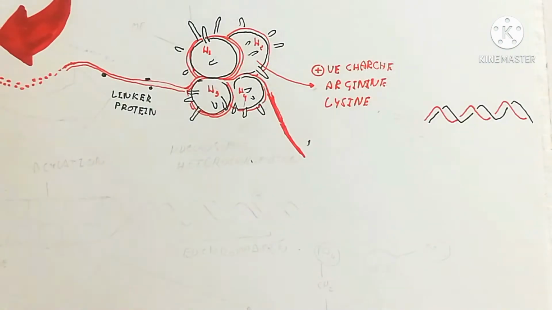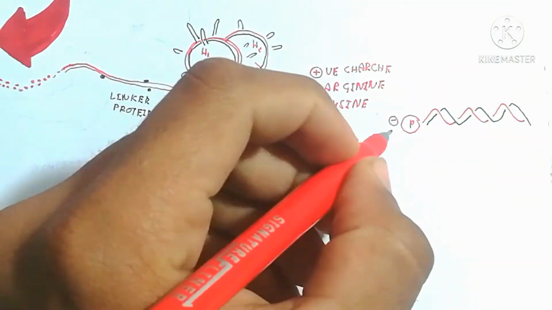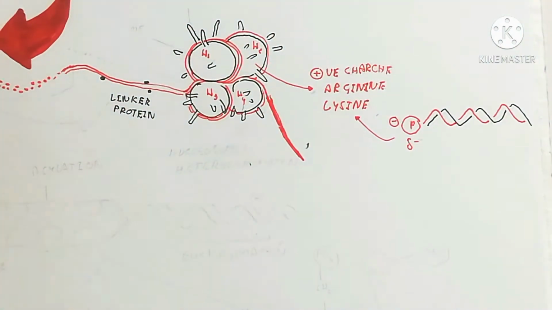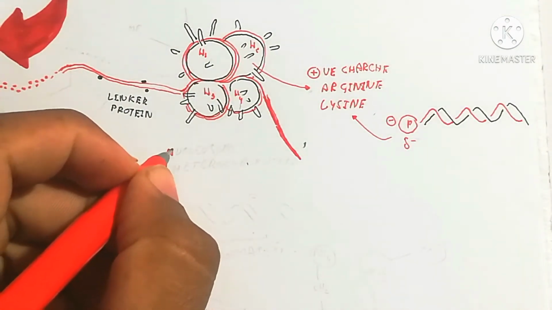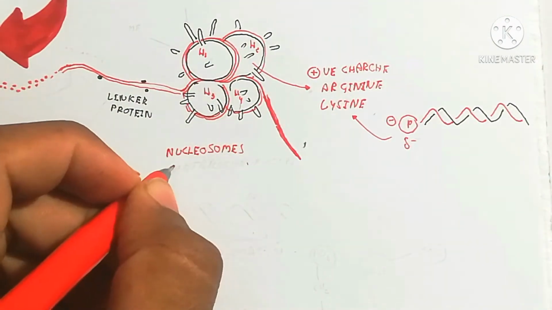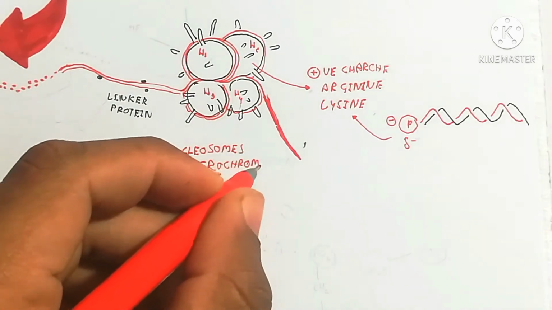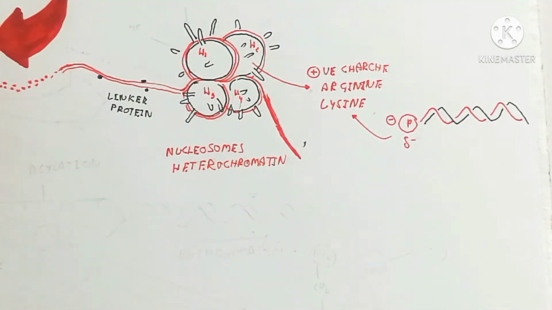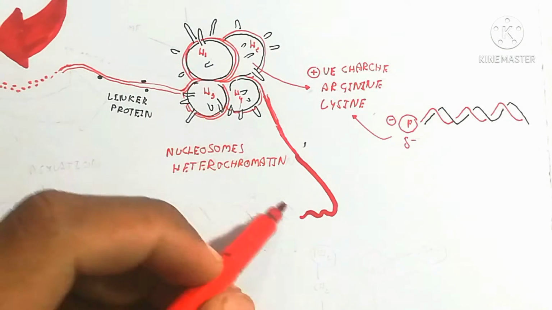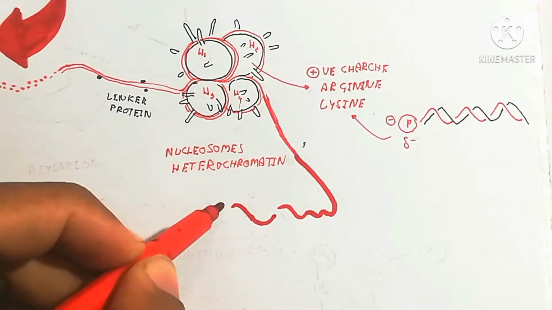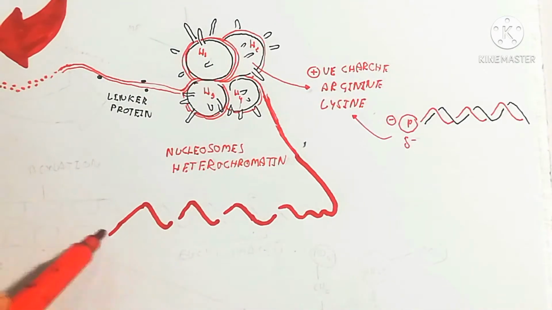These arginine and lysine of the histone protein carry a positive charge, and on the other hand, the phosphate group carries a negative charge. So the attraction of the histone to DNA is strong, and the electromagnetic attraction is also there for tight bonding.